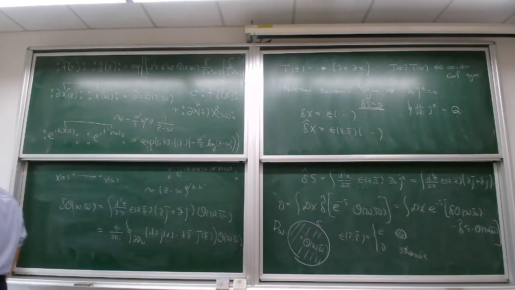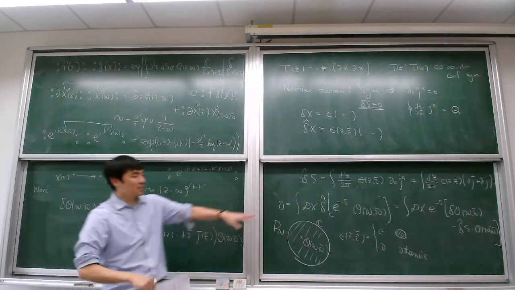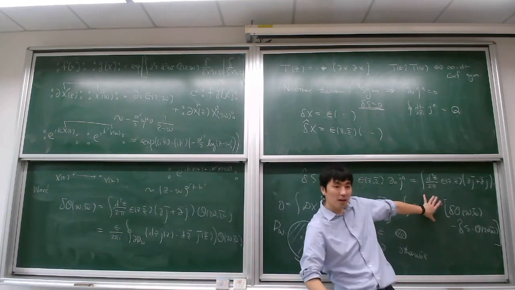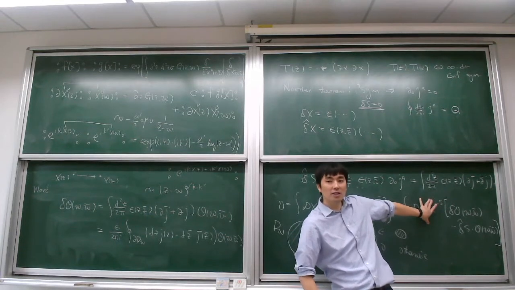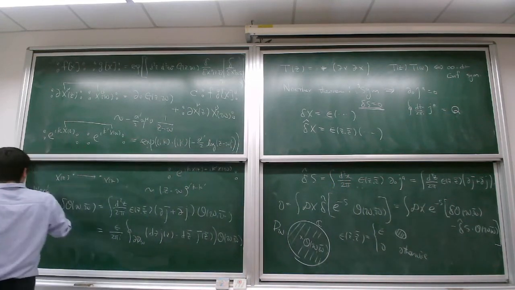So this can be understood as the Ward-Takahashi identity. Here I omit the path integral part, I will omit all of this path integral part. Okay. So this can be understood inside a path integral as the Ward-Takahashi identity.